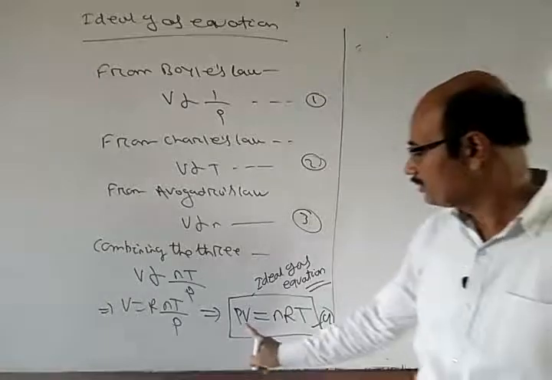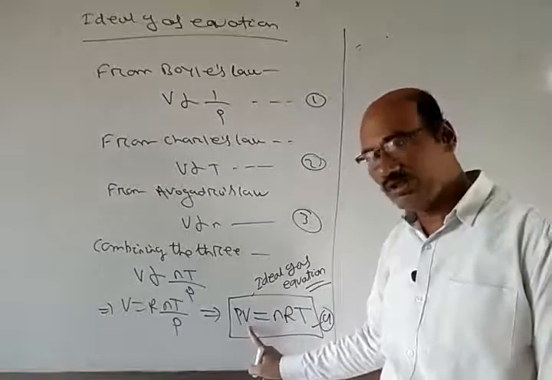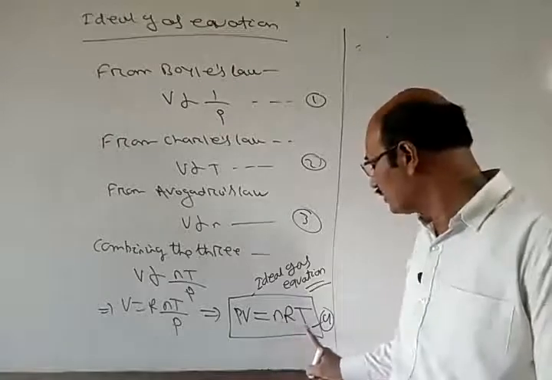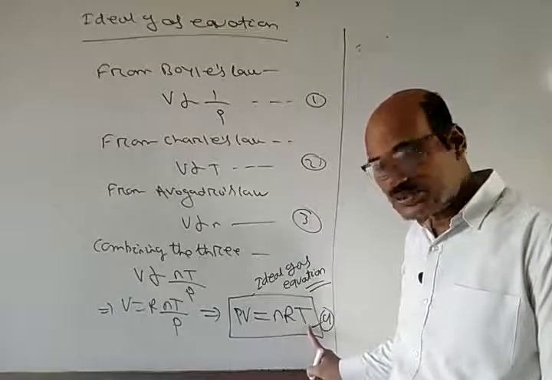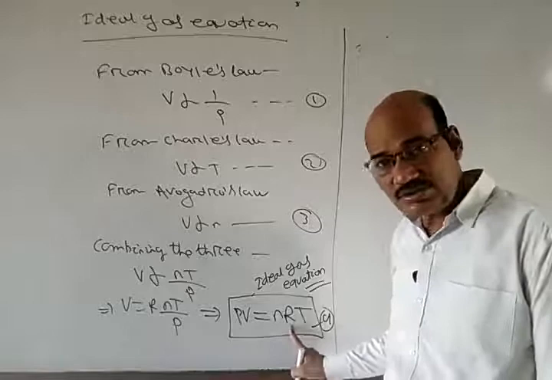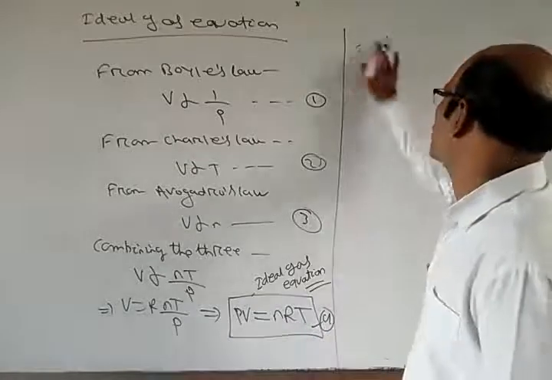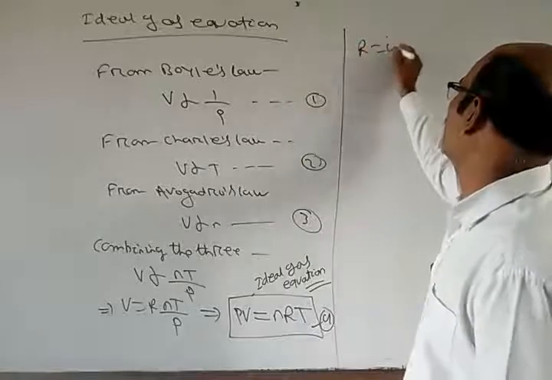P is the pressure of the gas, V is the volume of the gas, n is the number of moles of the gas, T is the absolute temperature, and R is the constant called the universal gas constant.